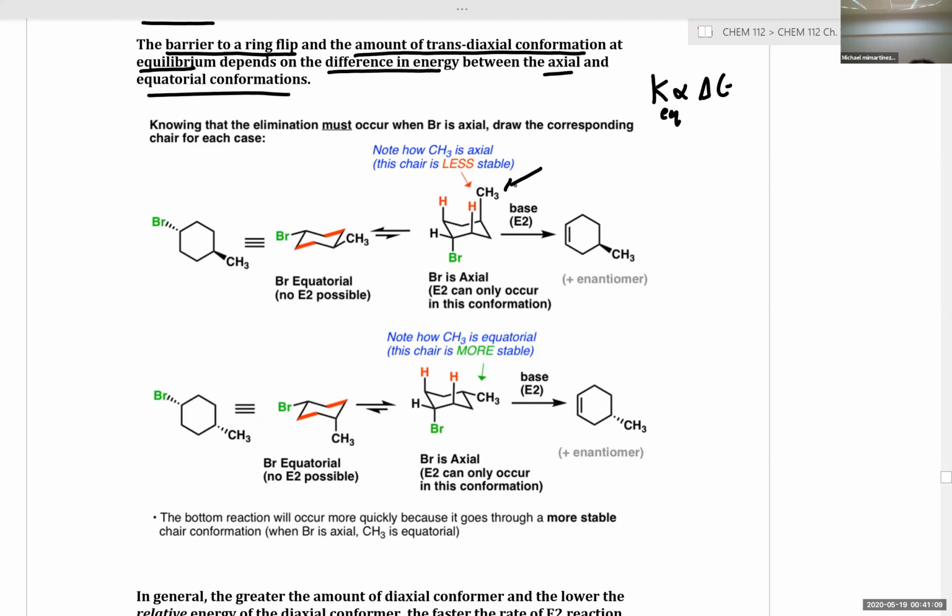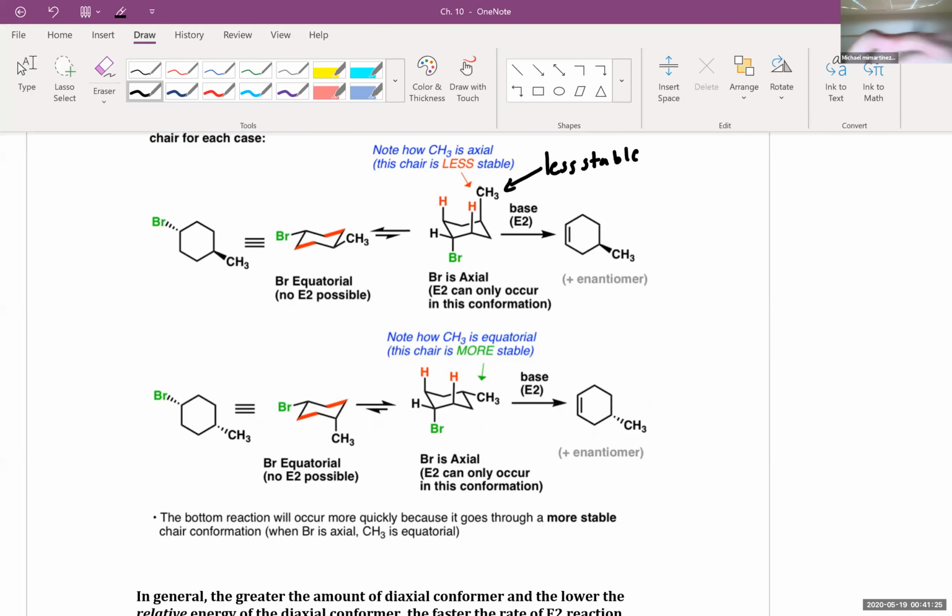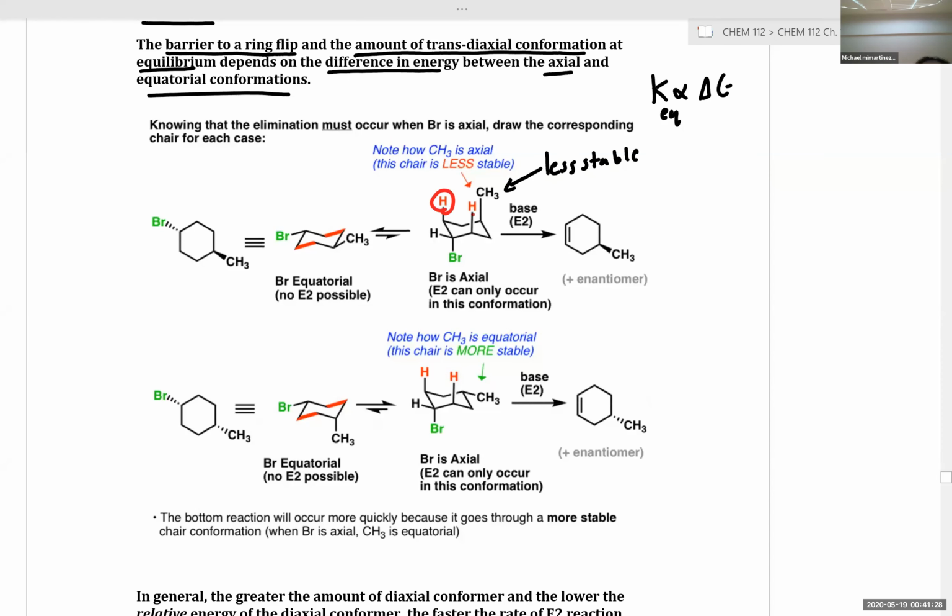So notice how this conformation is less stable because it has these nasty 1,3 diaxial interactions. So there's a little bit of an energetic barrier towards generating your reactive conformation. Once your reactive conformation is generated, then and only then do you have these transdiaxial hydrogens that can eliminate.